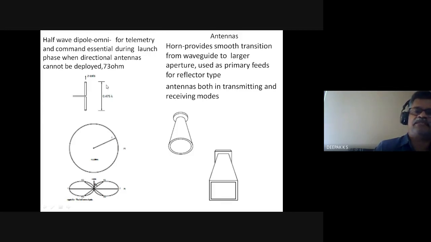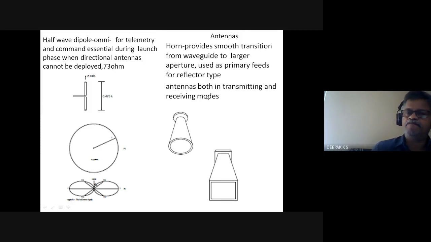So this is the directional antenna. This is the omnidirectional antenna. Sorry, omnidirectional antenna. It has radiation in all directions and uses a definite shaped radiation pattern across the cross section, and this is the top view. So this is used in the launch phase.